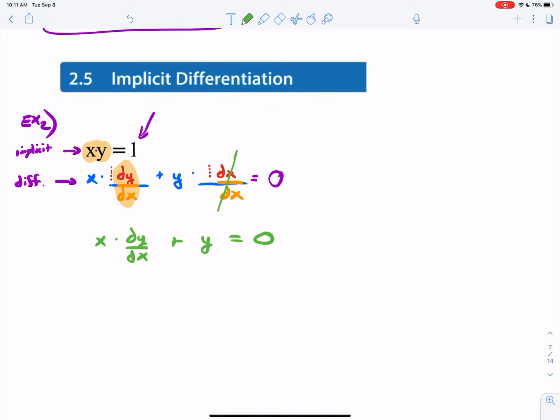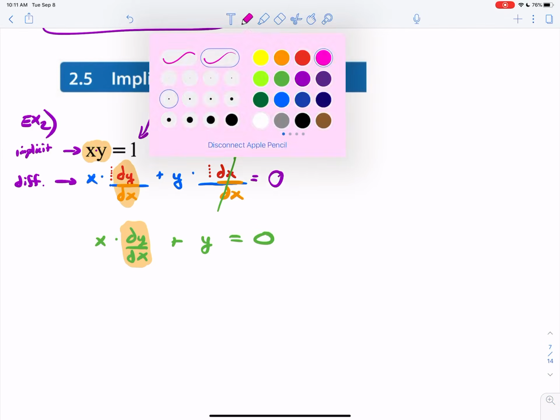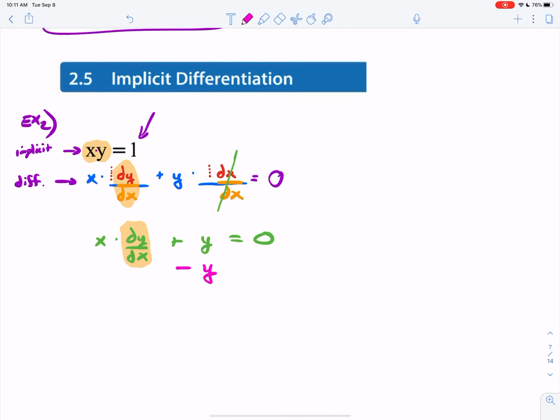All right. What you guys want to do here is solve for dy dx. Okay. It looks really weird right now because there's a lot of variables, but just imagine that dy dx is a giant variable. How do I get this orange variable by itself? All right. So the first thing you would do is subtract your y on both sides.